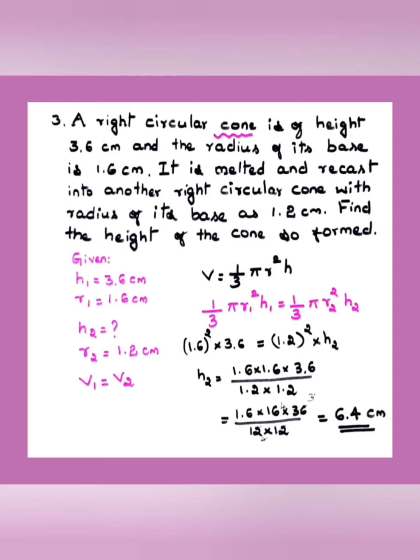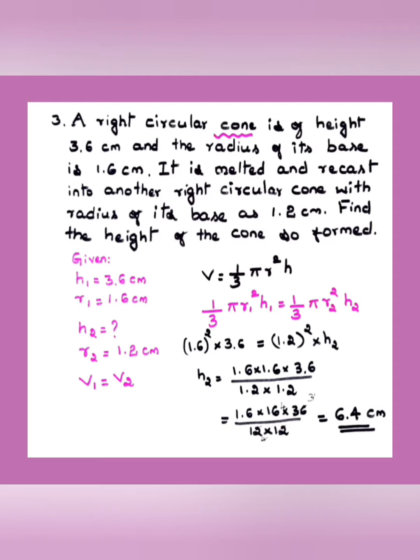In this case of mensuration, for the calculation, whenever you find a square, you just split that and write like this. 1.6 whole square is 1.6 into 1.6, like this only, into 3.6 divided by, the denominator, 1.2 into 1.2, and hence you can cancel. Here you can simplify it if it is in decimal places. Shift one decimal to the right side. 3.6 becomes 36. Even in the denominator you have to shift 1 point. 1.2 becomes 12.